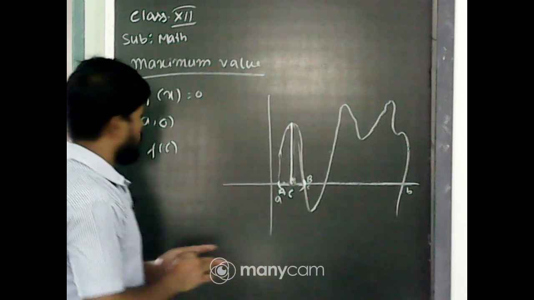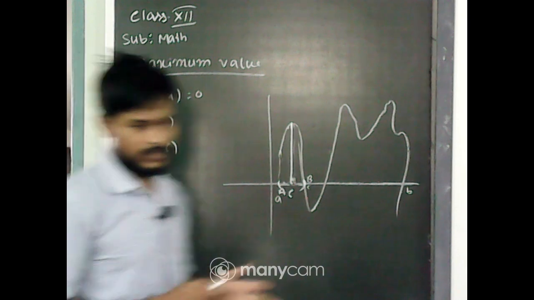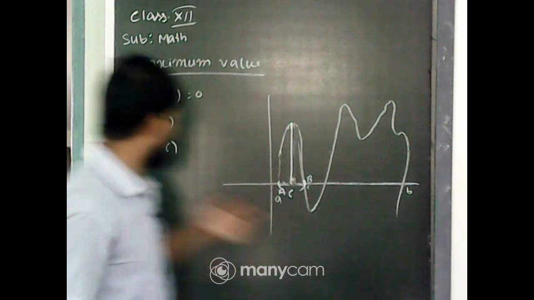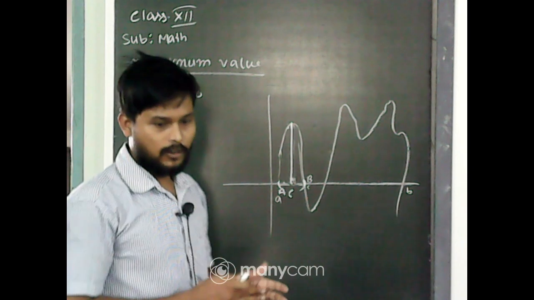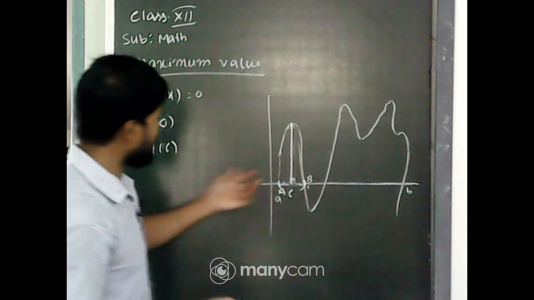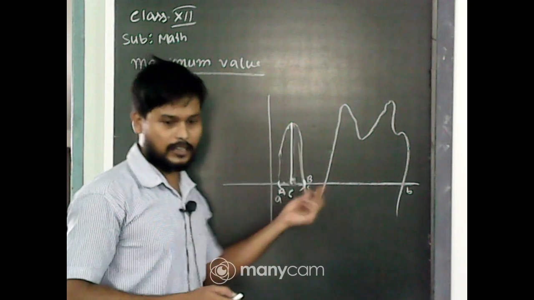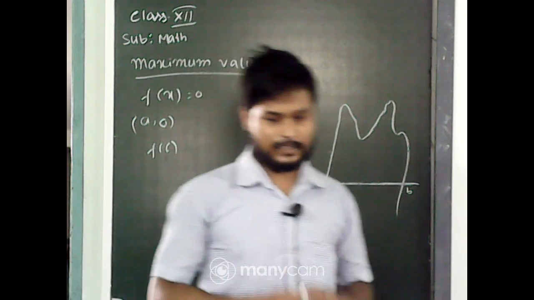Okay. Now look, the point at x equal to c is said to be a maximum point if the value of f of c is greater than the other values of f of x in this interval. So, this is called a local maximum point.